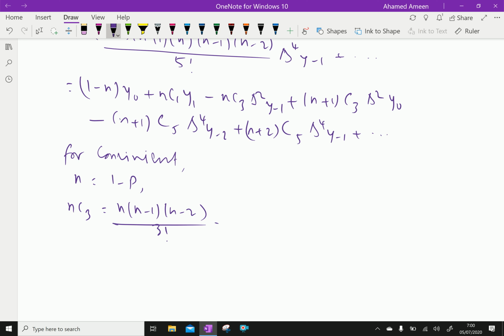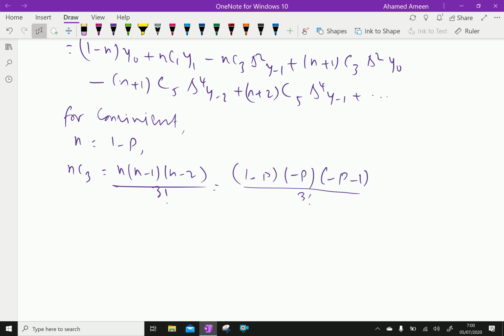In terms of p, n is 1 minus p, n minus 1 is minus p, then minus p minus 1, over 3 factorial.